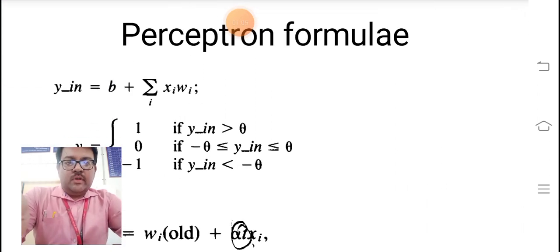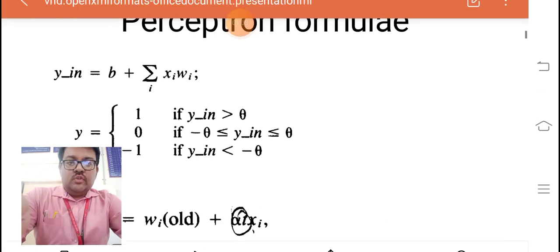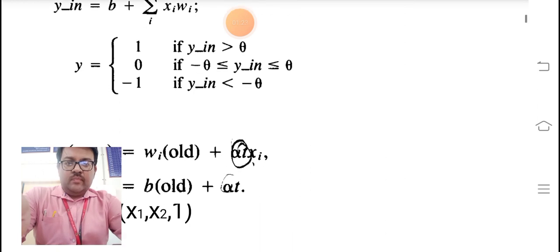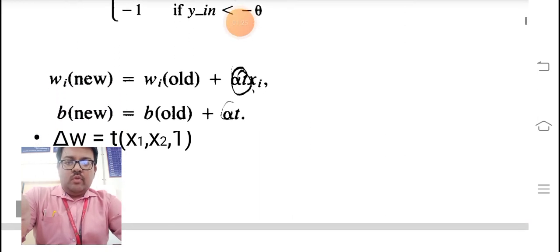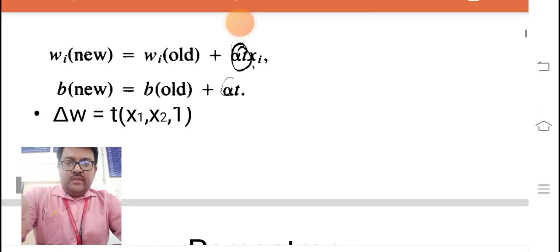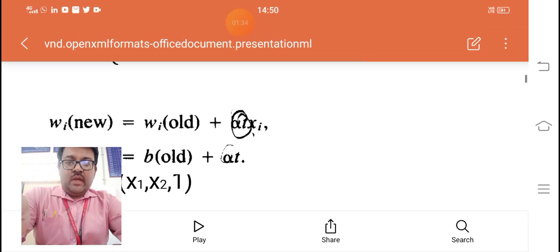So this is the perceptron formula that we are going to use. In perceptron, of course, there is the input, that is x1, x2, x3, and so on, and there is the net y_in, and y is the output here, as you can see, and then you need to update weights, bias, and also the difference in weight has to be updated.